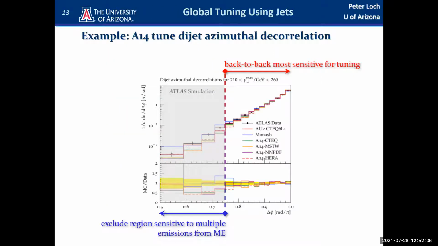Here's an example where we use the dijet azimuthal decorrelation to tune several PDFs and several tuning models, including Peter Skands' Monash model. And you see here that in this distribution, we actually tune to the right part of the distribution and not so much to what is left of it. The reason is that if you have a very clean, sensitive back-to-back scenario, which is to the right, we are getting more and more confident that we have a 2-to-2 process, a clean process in the transverse regions.